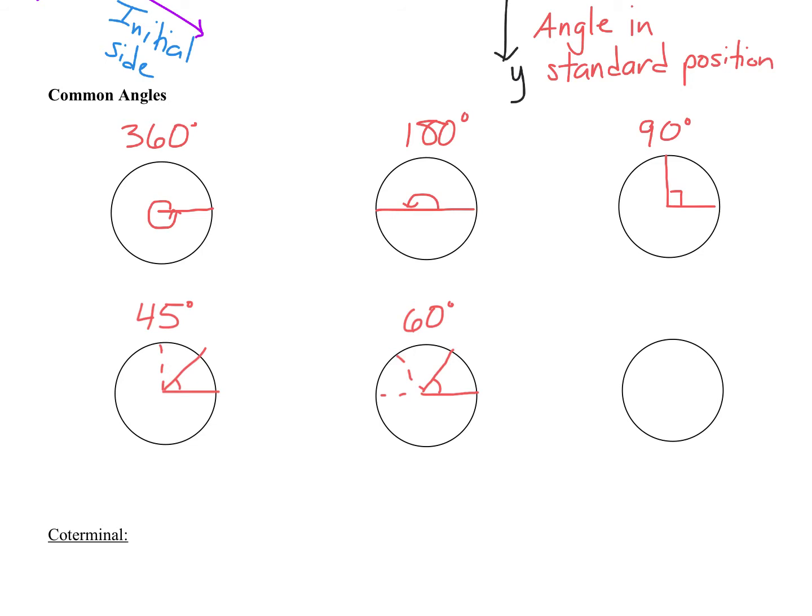And then the last one is 30. Okay. So those angles in degrees are going to be the most common ones that you're going to run into. Okay? And really, the rest of the circle is going to be based off of those as we go around.